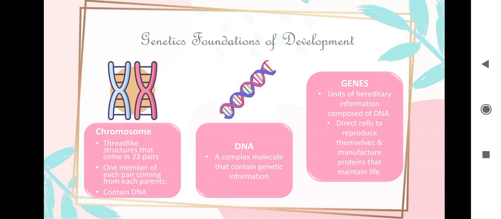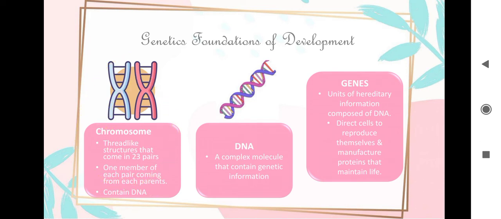One pair means two chromosomes: one chromosome from the mother, one chromosome from the father. And this chromosome contains DNA. So inside the chromosome, there is DNA. Alright, so that's all about chromosome.